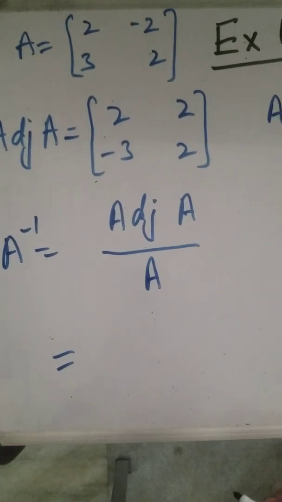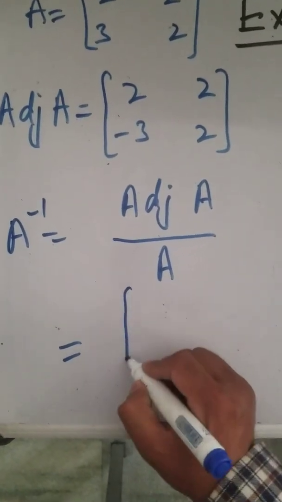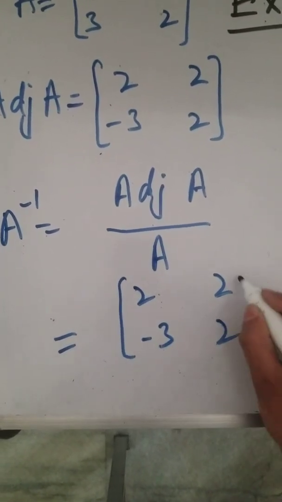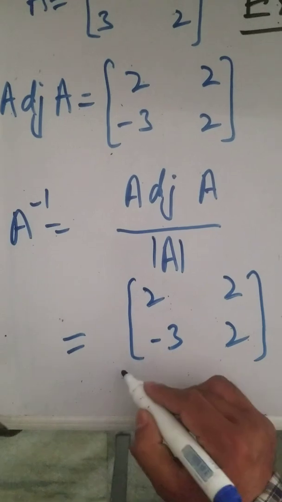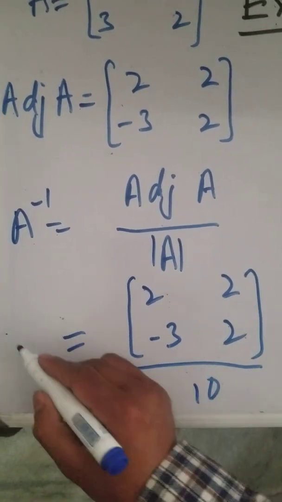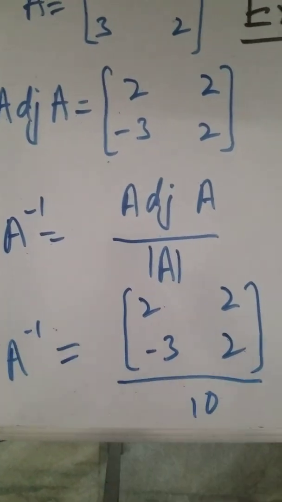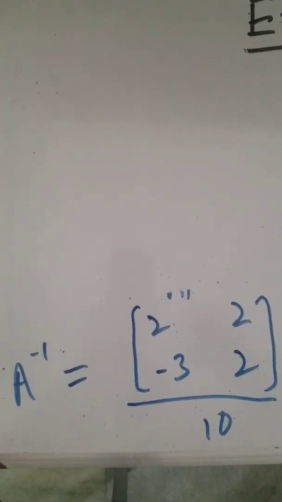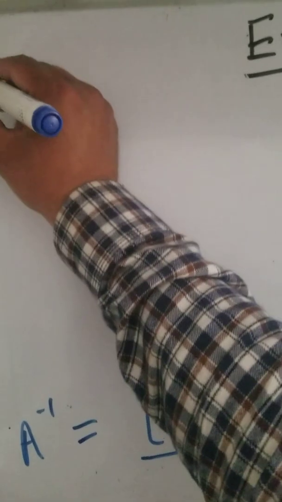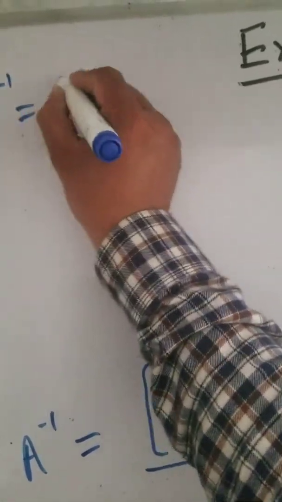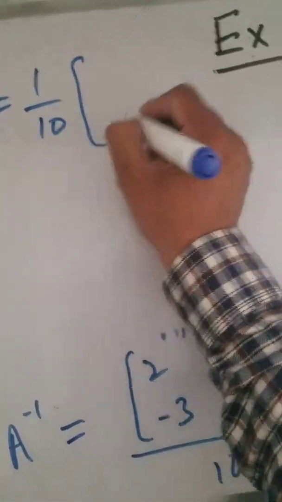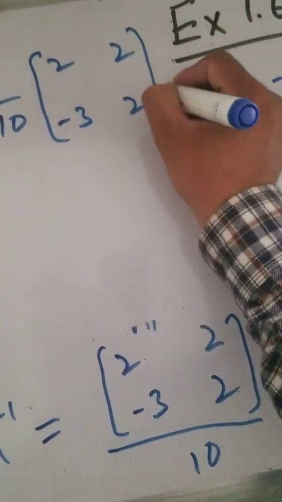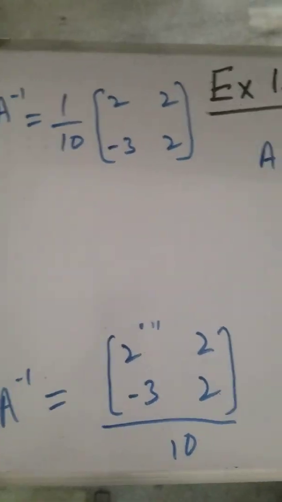Now we have the value of adjoint A. What is the value of adjoint A? [2 2; -3 2]. And what is the value of the determinant of A? This is 10. Now we write A inverse in this form. This is also A inverse.